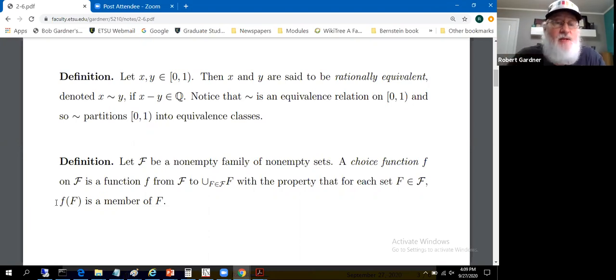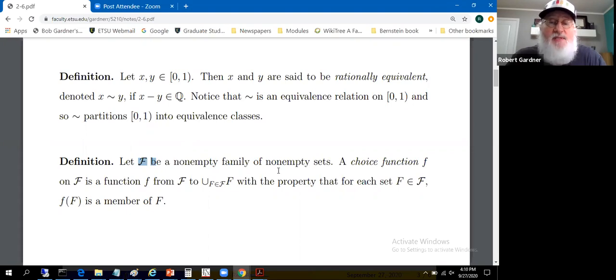That's what it means when it says lowercase f of capital F is a member of F. Lowercase f is the function that has chosen an element of set F from this family, calligraphy F, of sets. For us, the sets are the equivalence classes, and the family, calligraphy F, is the collection of all those equivalence classes. So we're going to go through with a choice function and simply pick a representative from each equivalence class.